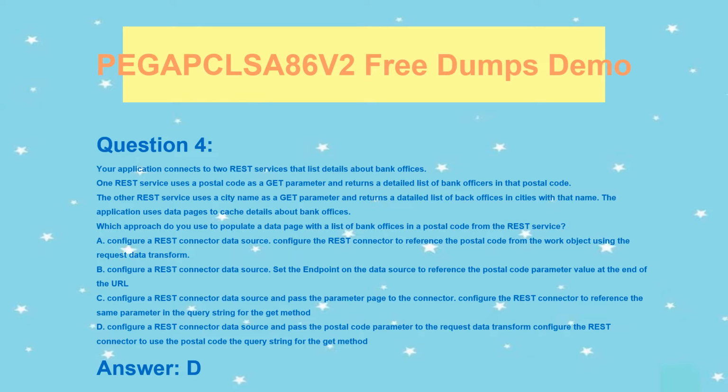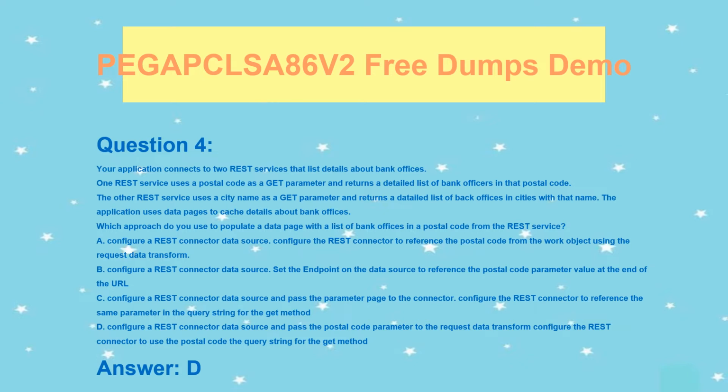A. Configure a REST connector data source. Configure the REST connector to reference the postal code from the work object using the request data transform. B. Configure a REST connector data source. Set the endpoint on the data source to reference the postal code parameter value at the end of the URL. C. Configure a REST connector data source and pass the parameter page to the connector.